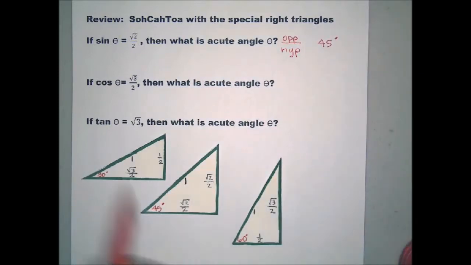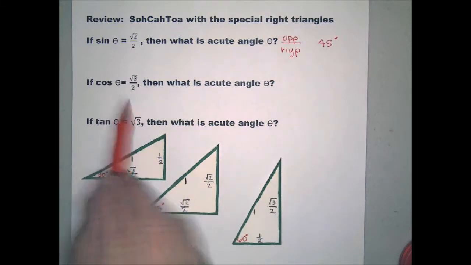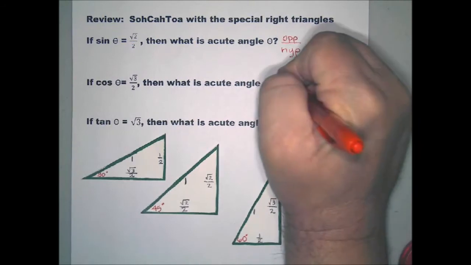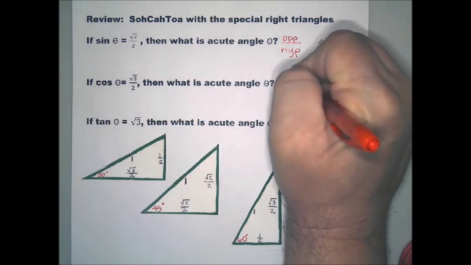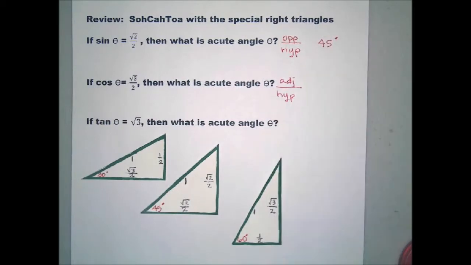Now, which one of these has a cosine value of root 3 over 2? Okay. Well, cosine is adjacent over hypotenuse. And again, since each hypotenuse has a value of 1, we're really just looking for which one of these has an adjacent value of root 3 over 2.